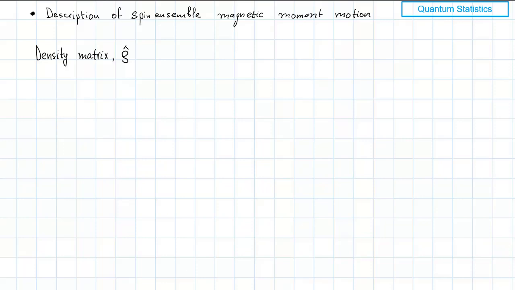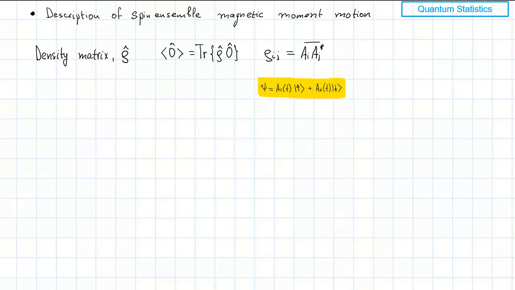The expectation value of an observable O is calculated as the trace of the density matrix multiplied by the operator of this observable. Generally, the density matrix ρ is defined as an average product of the coefficients Ai, Aj, which determine the wave function of pure quantum mechanical states of elementary systems which enter the large ensemble.